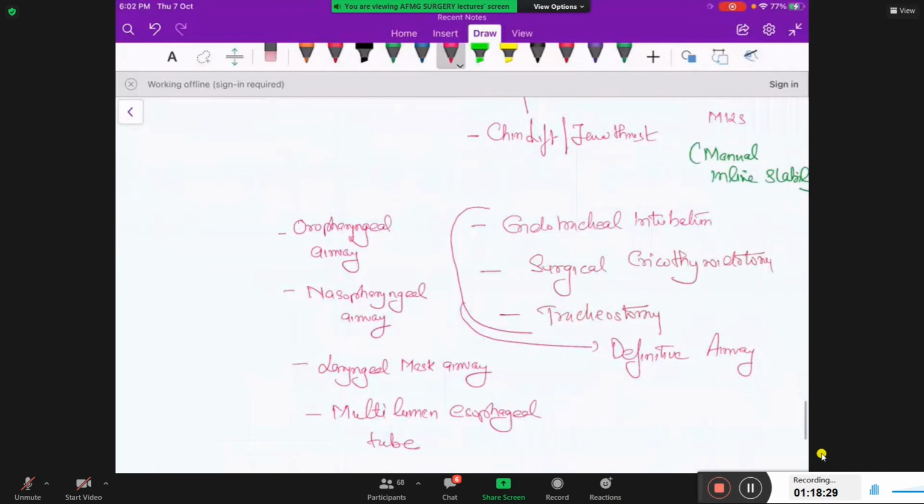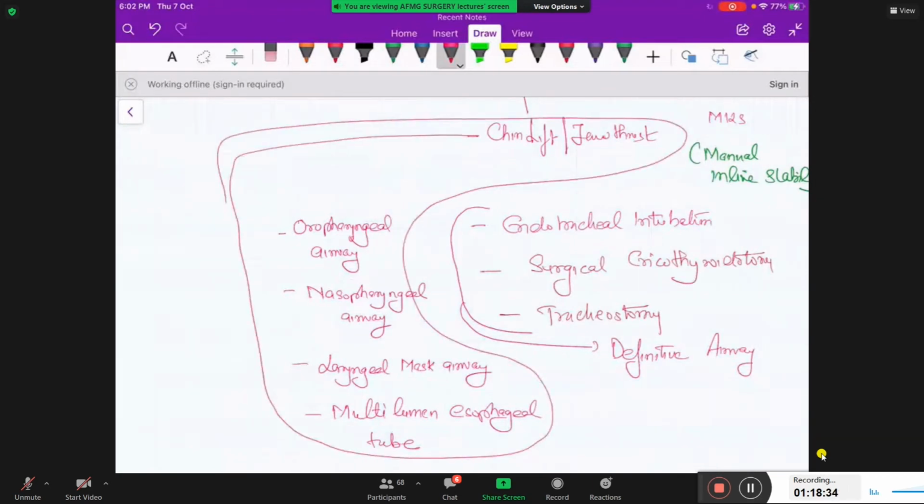And these, chin lift, jaw thrust, oropharyngeal airway, nasopharyngeal airway, laryngeal mask airway, multi-lumen esophageal tubes, are called adjunct airways.